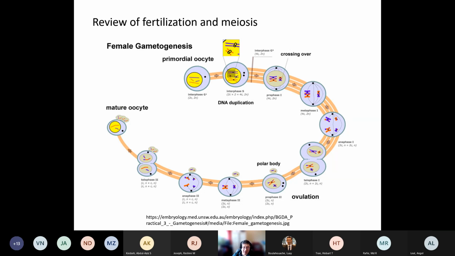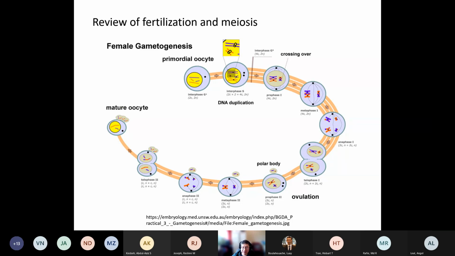So you have the metaphase arrest released, you have anaphase, telophase, and eventually that oocyte will become one oocyte and yet another polar body, right? Because during meiosis, the cleavage is not symmetrical. So you always get an oocyte, and the other is called a polar body. Okay, that's a brief overview of meiosis and fertilization.